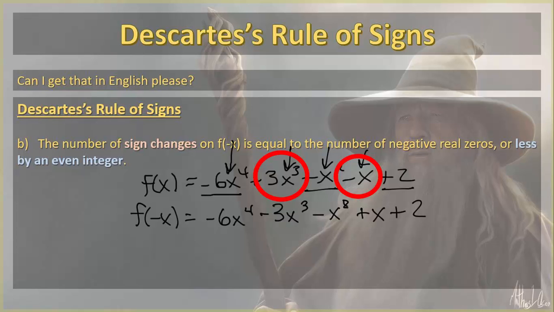And now I go through the same process that I did in the last example, find out the number of sign changes. There is 1 right there. 1 sign change. So that means that I will have, and remember the less by an even integer, well, if I take 1 minus 2, I have negatives.